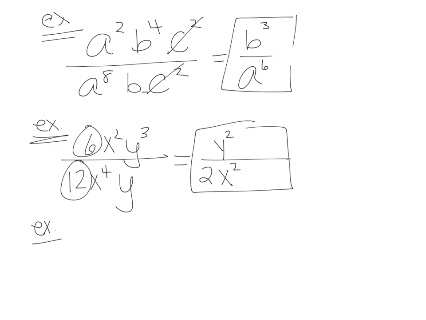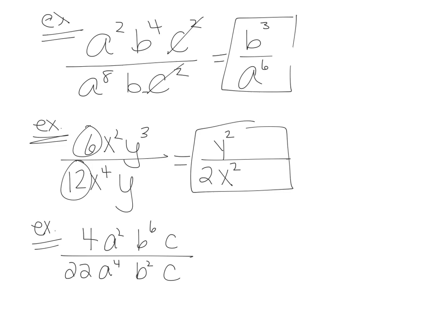What if I have this? I have 4a squared b to the 6th c over 22a to the 4th b squared c. So, first thing I always do, my coefficients. 4 over 22 in my calculator, math, enter, enter, I get 2 over 11.